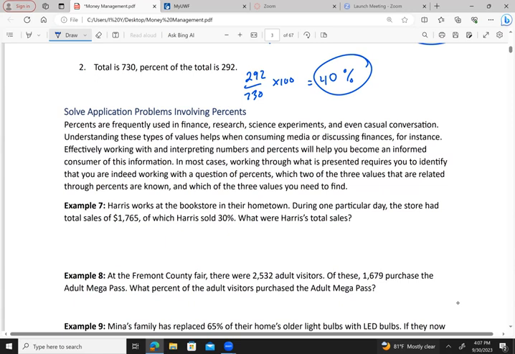Well, if the total sales were 1,765 and Harris sold 30%, we want to know what 30% of 1,765 is. So I have 0.30 times 1,765. And that is $529.50.